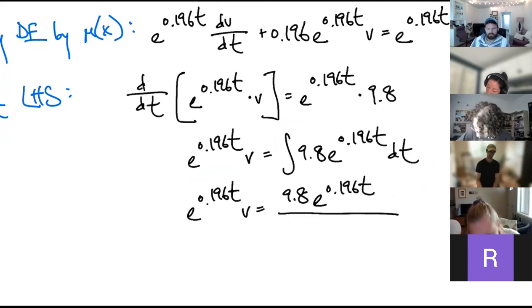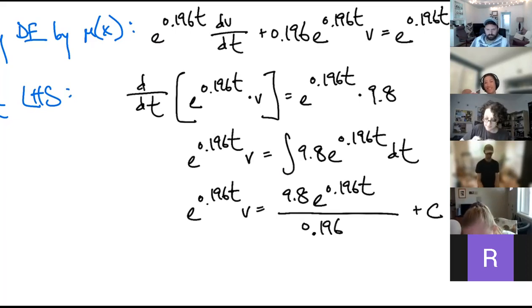We'll do a very quick u-sub, so we'll be dividing by that 0.196. And then we can say there's a plus c, and that plus c takes care of all of the plus c's that came before it, okay?